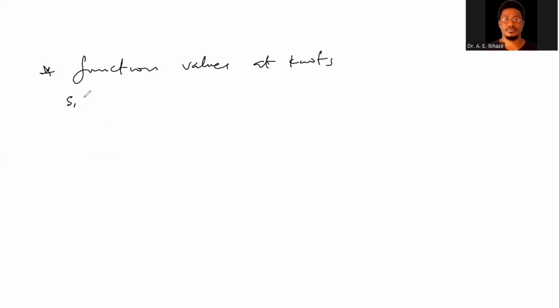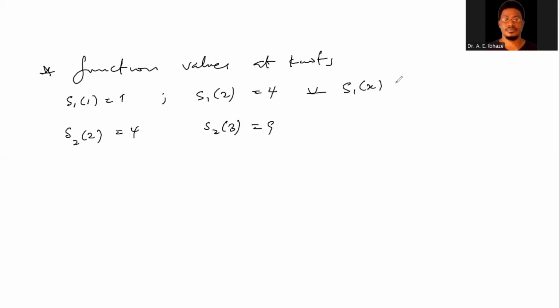So we have s1 of 1, which is the same as 1, and then s2 of 2, which is 4. Then we have s1 of 2, which is equal to 4, and then s2 of 3, which is equal to 9. Now, this is for all s1 of x taking on values from 1 to 2, and this is for all s2 of x taking on values between 2 and 3.